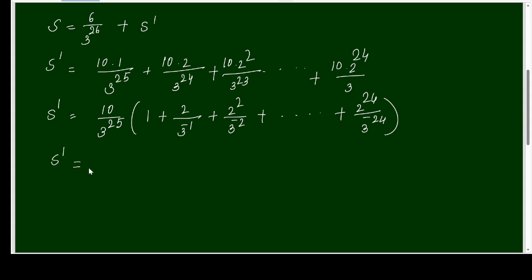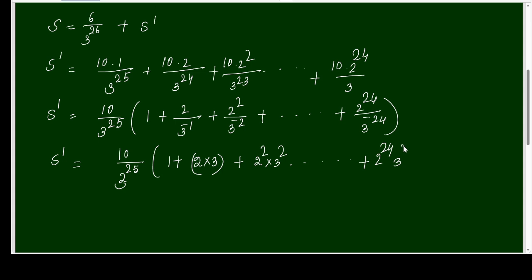Or S dash equals 10 over 3 raised to the power 25 times 1 plus, in the numerator it will be 6, then 6 square, and the last term will be 6 to the power 24.